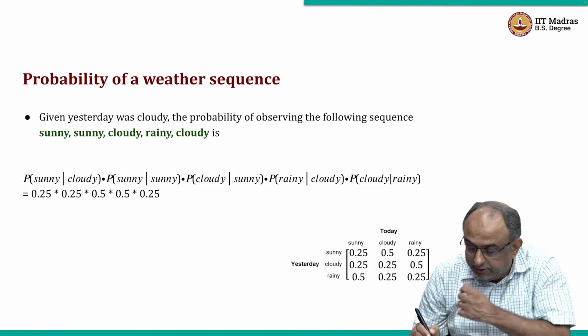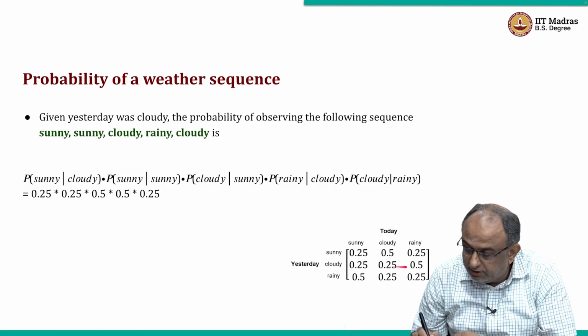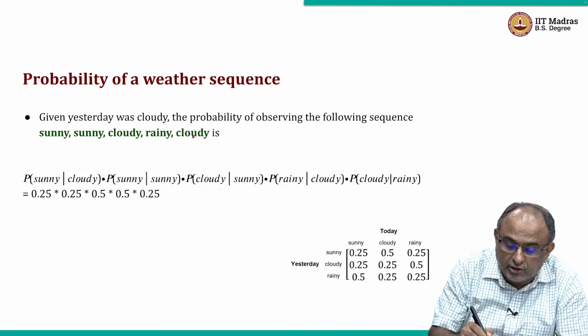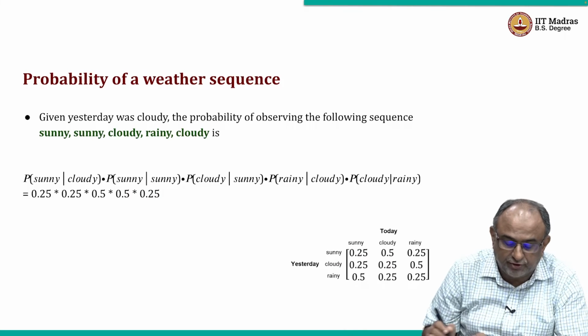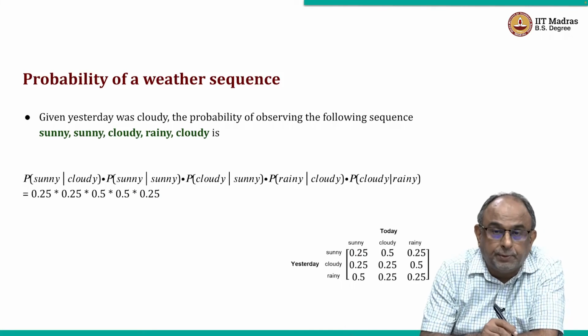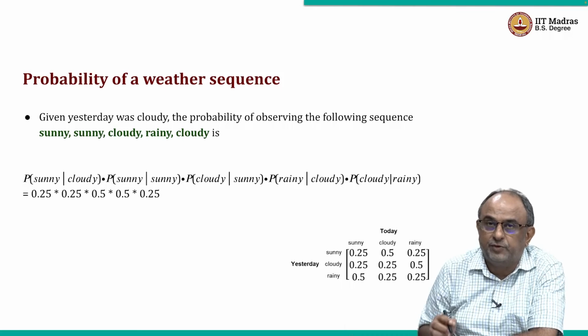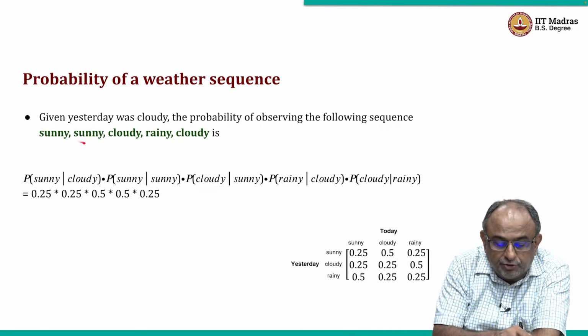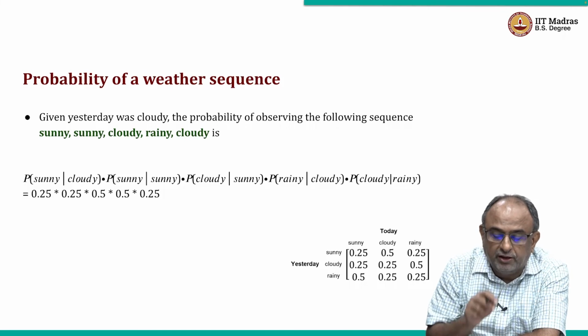Rainy given cloudy is 0.5, so another 0.5 comes, and finally cloudy given rainy is 0.25. So this is the probability according to our model, the probability of the observation sunny, sunny, cloudy, rainy, cloudy.